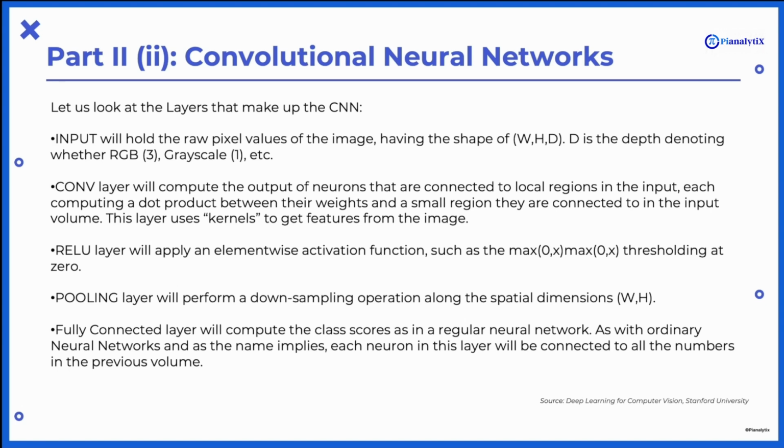So if an image of size 200 cross 200 is fed into a pooling layer, it will be downsampled to a size of 100 cross 100 if the pooling size is 2. Finally, there is a fully connected layer which will compute the class scores as in a regular neural network. As with ordinary neural networks, each neuron in this layer will be connected to all the numbers in the previous volume.